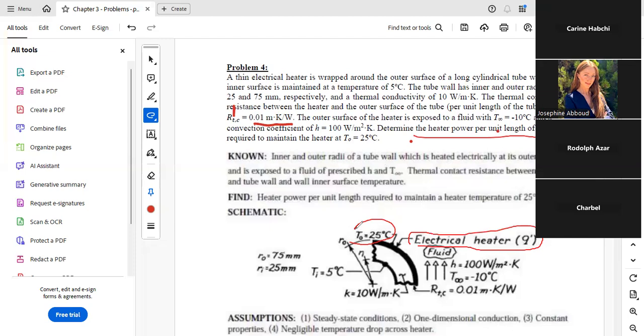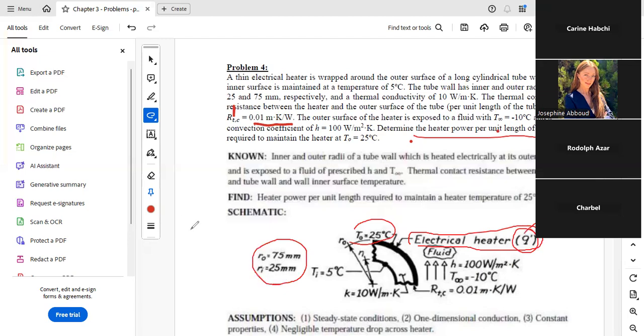As usual, you should check if you have generation or not. Here we have a generation from the electrical heater. So this is the source, Q prime in watt per meter. Since we have cylindrical coordinates, we need to use the resistance to conduction.